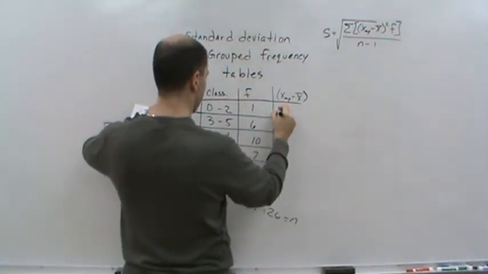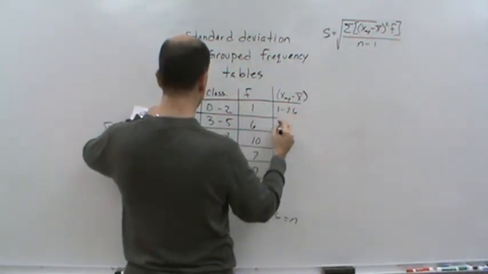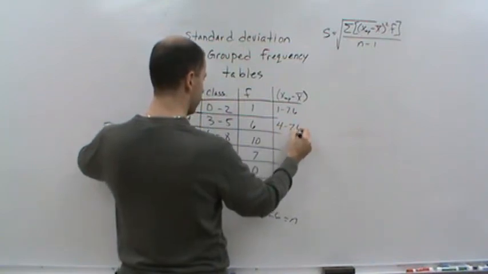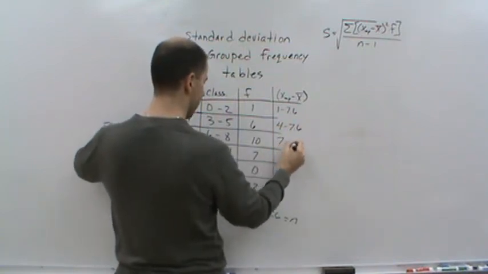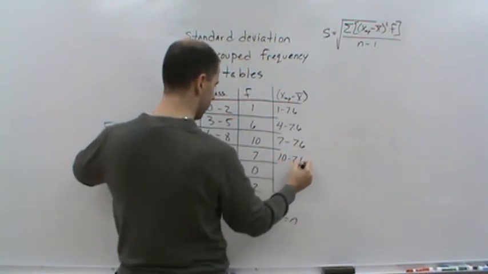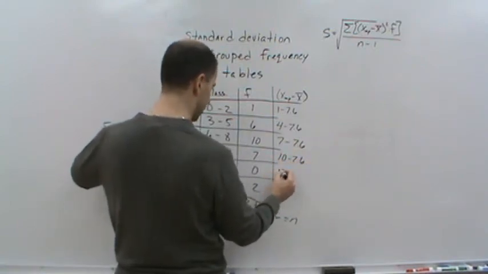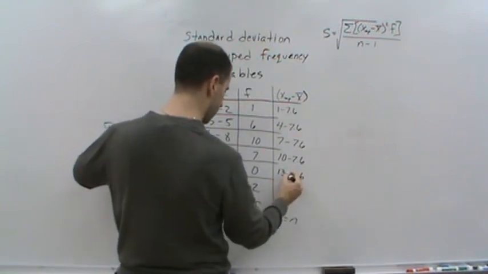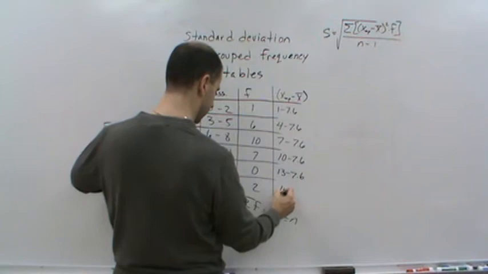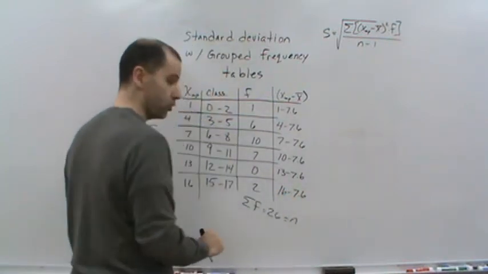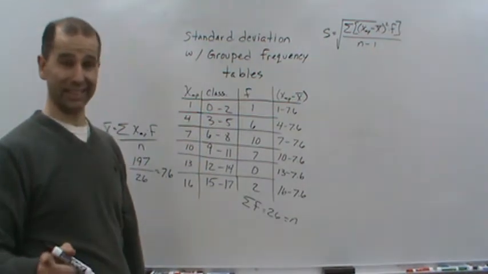So this is going to be 1 minus 7.6. This is going to be 4 minus 7.6, 7 minus 7.6, 10 minus 7.6, 13 minus 7.6, and then 16 minus 7.6. So now this is where I would do my first check to make sure things make sense.